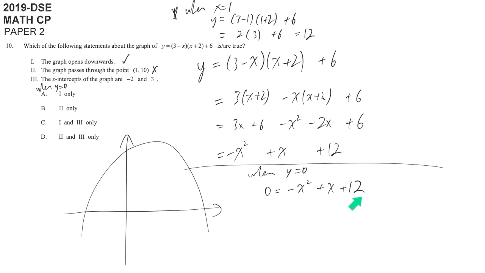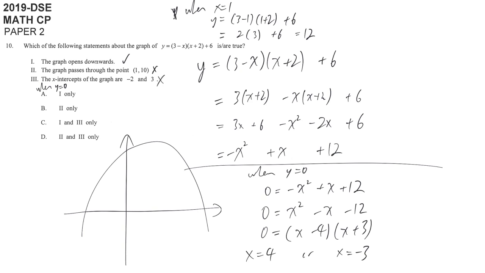To solve this quadratic equation, you may use your calculator or calculate by yourself using the cross method. Minus 4 and plus 3. So the x-intercept is x equal to 4 or x equal to negative 3. Again, this is wrong. It should be 4 and negative 3, but not negative 2 and 3. So the answer should be 1 only.